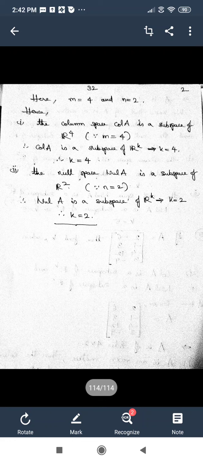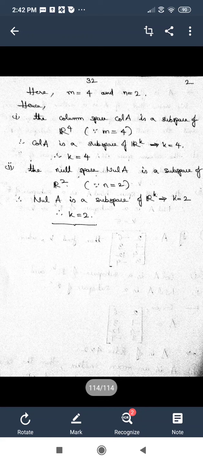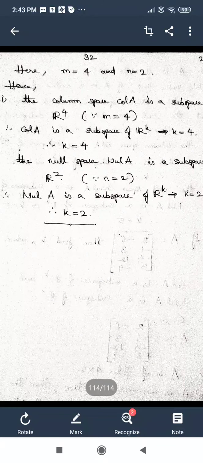Therefore the column space of column A is a subspace of R4, since the number of rows in the matrix A is equal to 4. Remember this point well: the column space is always related to the number of rows in the matrix A. So column A is a subspace of Rm, where m denotes the number of rows of the matrix A. Therefore, if the column space is a subspace of Rk, then k should have the value 4.